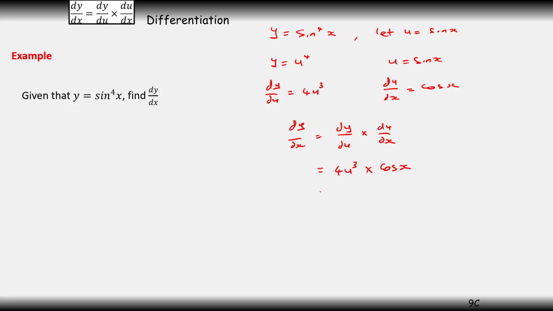Now u is equal to sine x, so I'm going to substitute that back. 4 sine cubed x cos x. And that's dy over dx.